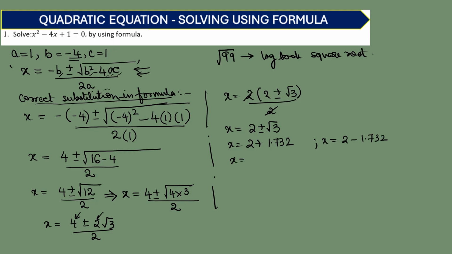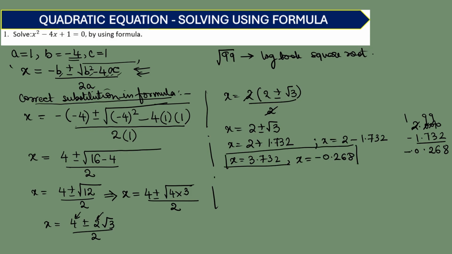X is equal to 3.732 or x is equal to 2.000 minus 1.732, which is 0.268, so minus 0.268. So these are the two unique values of x.